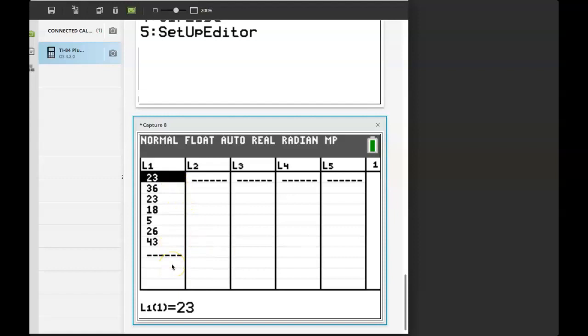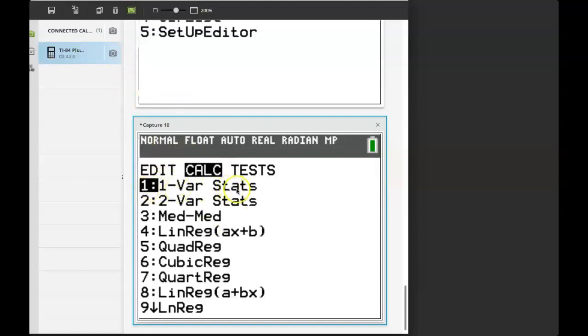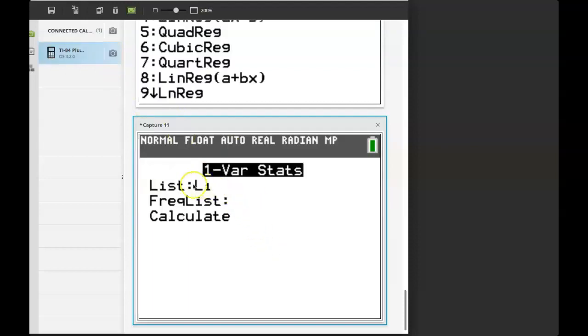After you entered the data, press stat again. Now you should use this calculate part instead of edit, so choose that one. The first one is 1-Var Stats. Choosing that, enter. Since we have one column that is L1, you shouldn't have L2. So L1, enter, enter, again enter.